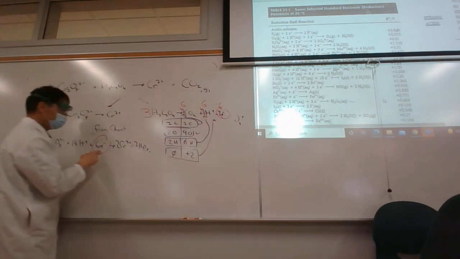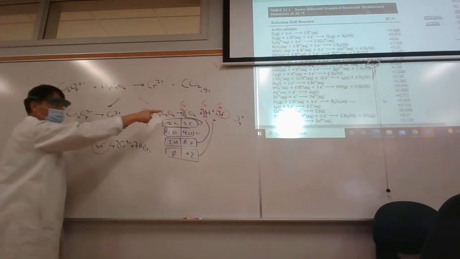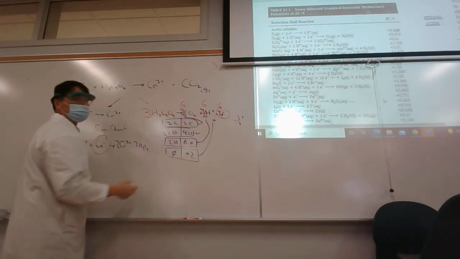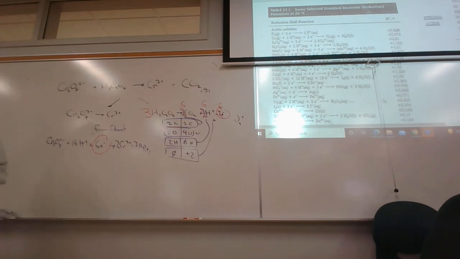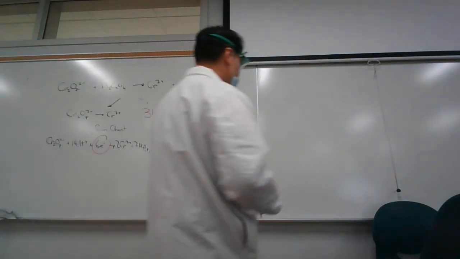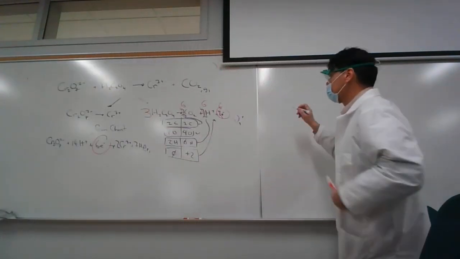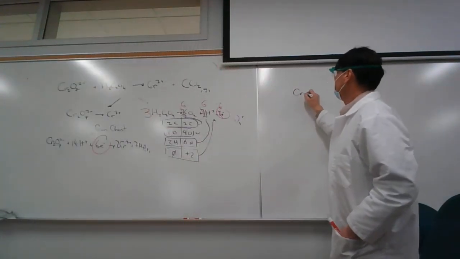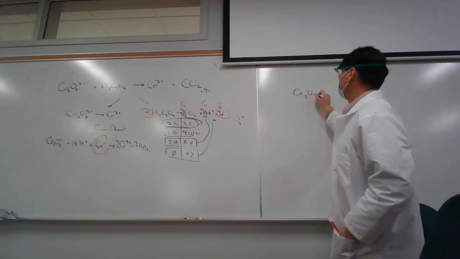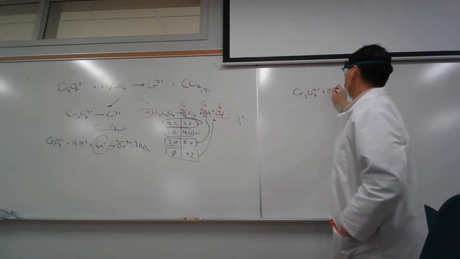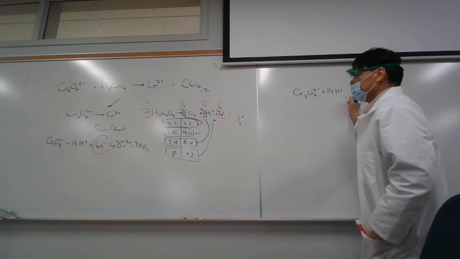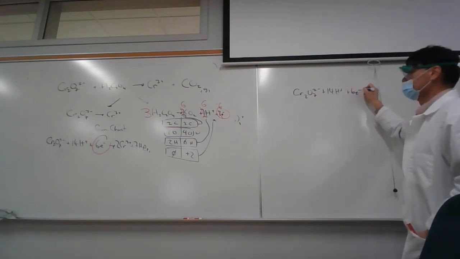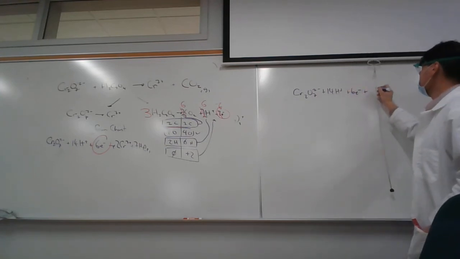So now I have 6 electrons being consumed, 6 electrons being produced. So they cancel. And then I combine the 2 half reactions. I'm going to combine everything on the reactant side. So I have dichromate plus 14 H+ plus 6 electrons plus 3 oxalic acids.